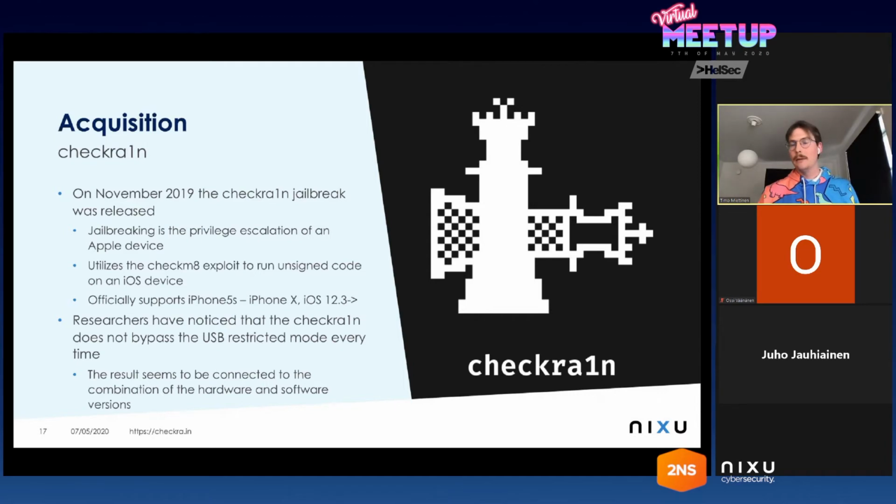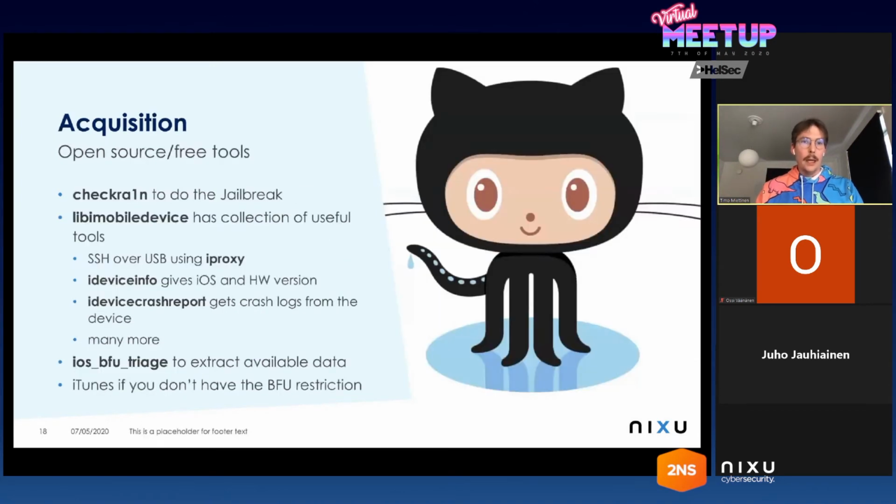It didn't bypass it. I wasn't able to connect any device to it. But then with an iPhone 7 and iOS 13.2, it actually bypasses it. So I'm able to SSH into my test phone, which is an iPhone 7, which is interesting.